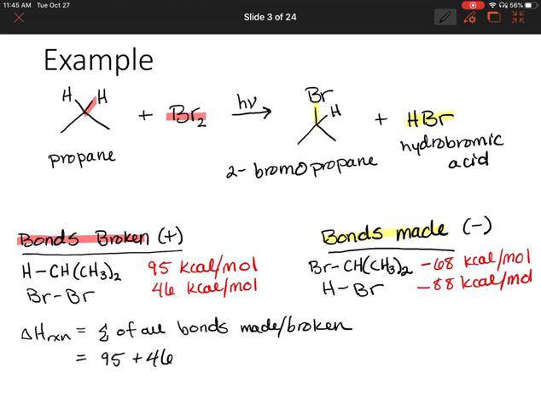So those are positive numbers because we're breaking the bonds. So you need energy to do that. And then we're going to subtract 68 and 88 because, again, those are negative. All right, so this should give us an overall energy of negative 15 kilocalories per mole.